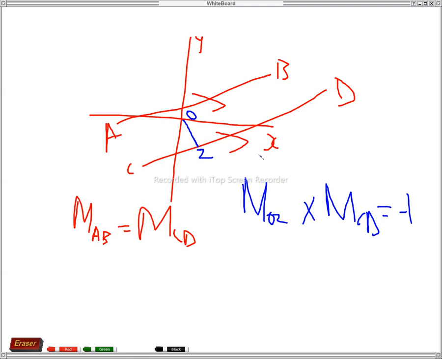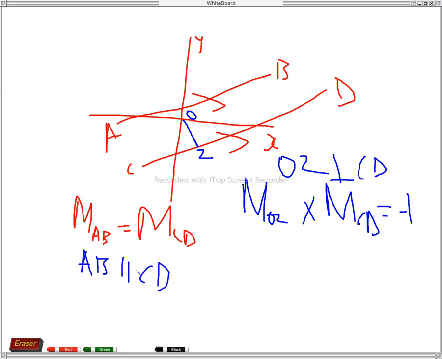Those are the basics that you must know before you jump into the topic. I keep making mistakes. When OZ is perpendicular to CD, the product of the gradients is -1. And if AB is parallel to CD, their gradients are equal.